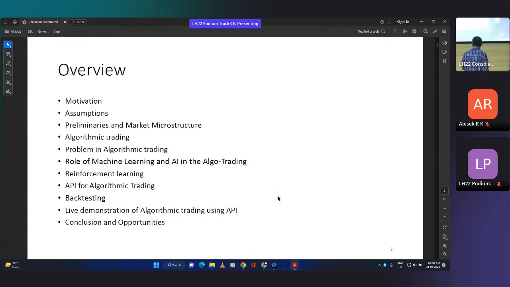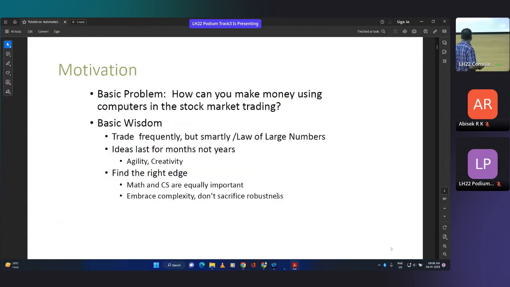So coming to the basic vocabulary, the whole idea is that this financial domain is very rich in terms of the kind of data that is offered.